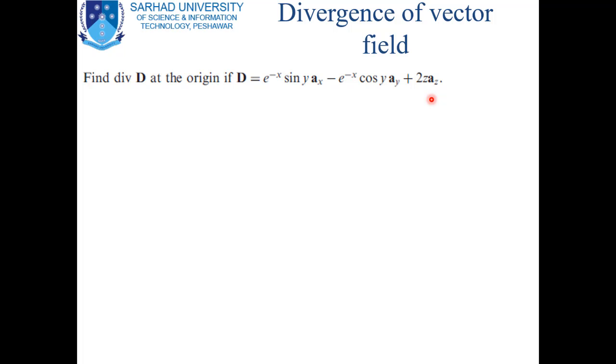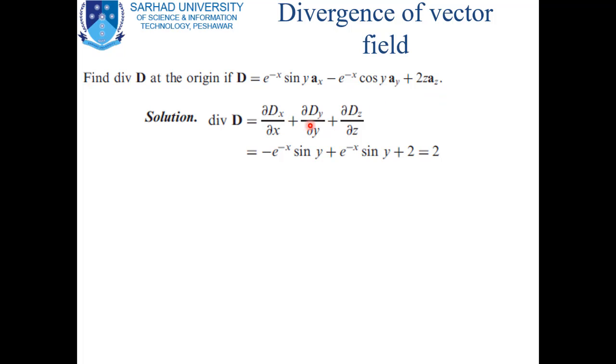When we have to find the divergence of D, we write it in Cartesian coordinates as del Dx over del x plus del Dy over del y plus del Dz over del z.